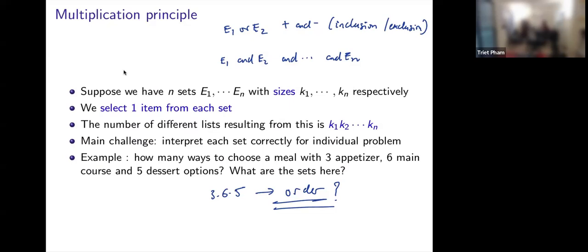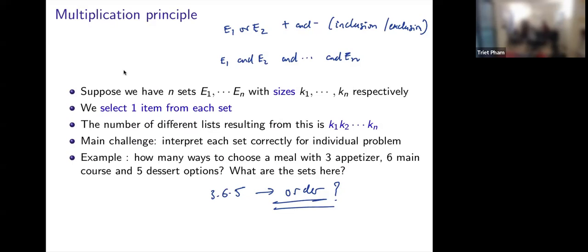The answer is no. There's no order in this count. What does that mean? It means you could put the main course before the appetizer, before the dessert, whatever. But in here, we're just building up a meal with these three courses, and there's no order built into this count.